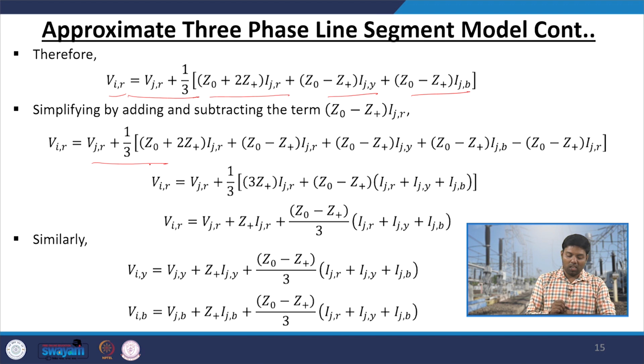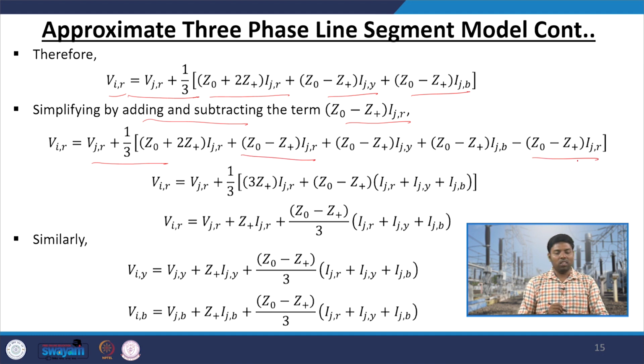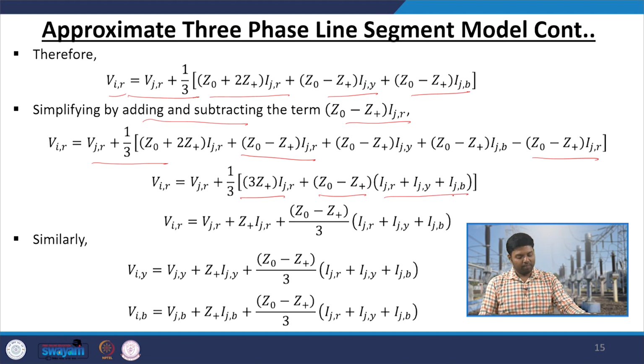So then you add this term and subtract this term from this equation, like this term you will add here and this term you will subtract here. So, you will get this simplified version, Z0 minus Z plus, then IJR, IJY and IJB. Okay.